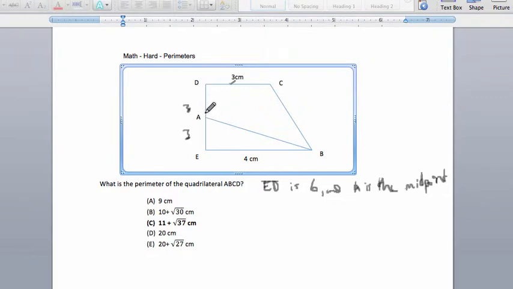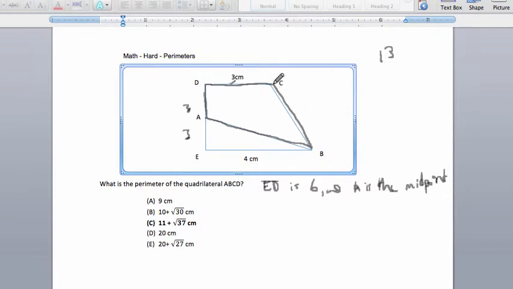One final thing on this one. I do like the answer choices here. They're asking for the perimeter of this quadrilateral right here. And one of the things I did when I first worked through this question was I added up 3, 3, 3, and 4, and I got 13.